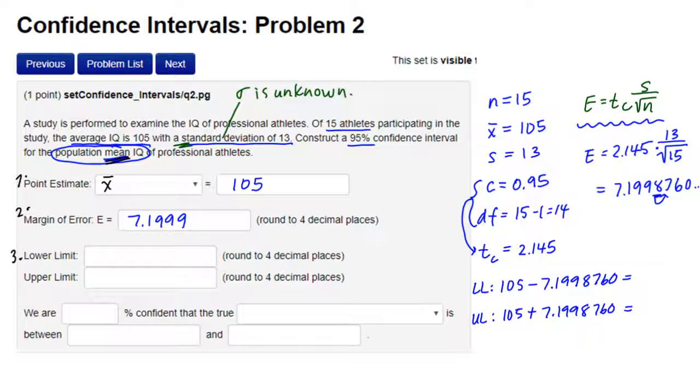I got 97.8001 to 4 decimal places, and the upper, 112.1999 for the upper limit. So that's the lower limit and the upper to 4 decimal places.